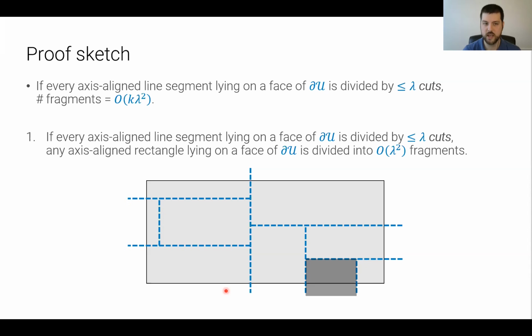We continue to make cuts. And eventually we might get to a scenario where we have a portion of the face that lies strictly in the interior of a box, meaning the intersection of the box is strictly in the interior of that face or of that rectangle. That is a free cut.